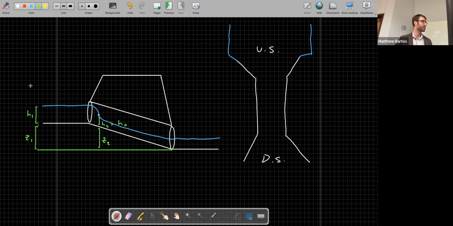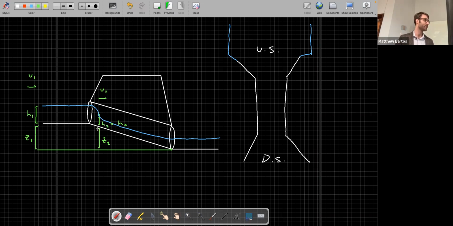Let's also specify the velocity. The velocity at the upstream end we'll call U1, and the velocity at the critical point we'll call U2. There's one final piece we have to note here.